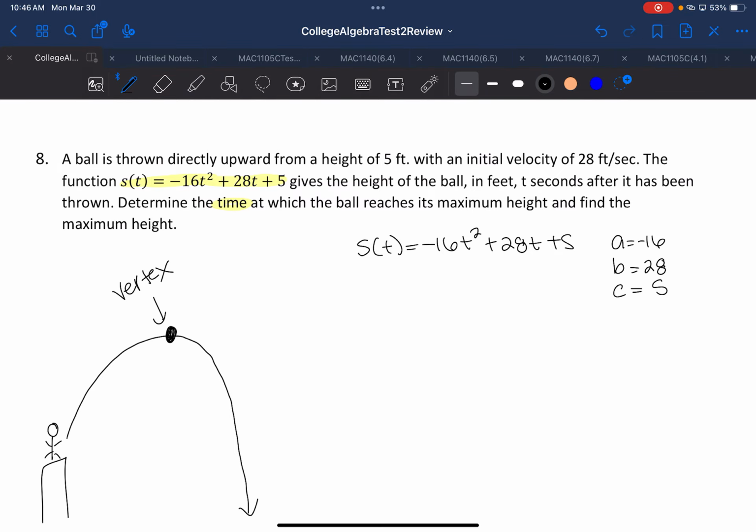So if I wanted to find the time at which the ball reaches its maximum height, I would be finding t equals negative b over 2a, because this gives me the x coordinate of the vertex.